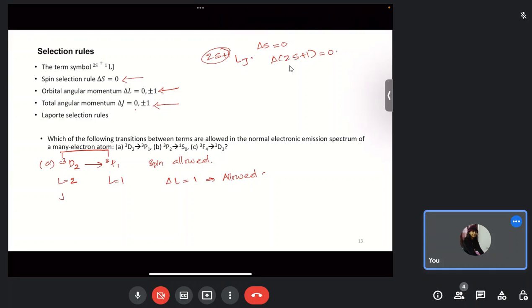Here J is going from 2 to 1, so delta J is equal to 1, which also follows the selection rule associated with total angular momentum. So this is also allowed based on the total angular momentum. The second one is 3P to 2, 1, 0, and write it in expression.